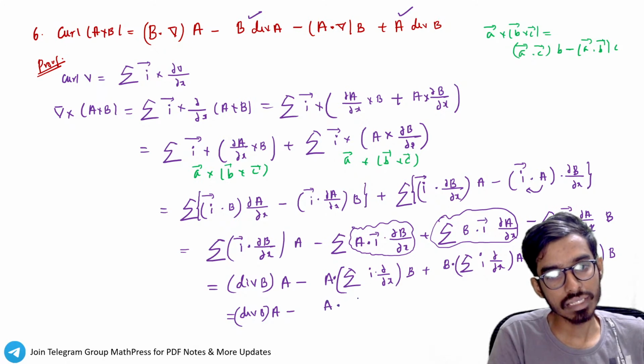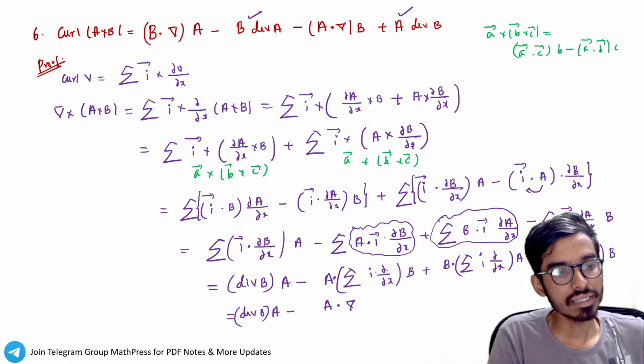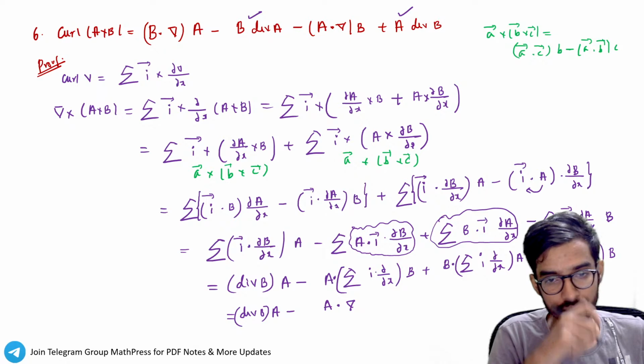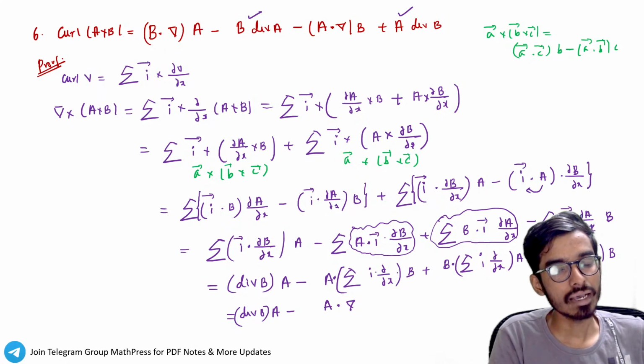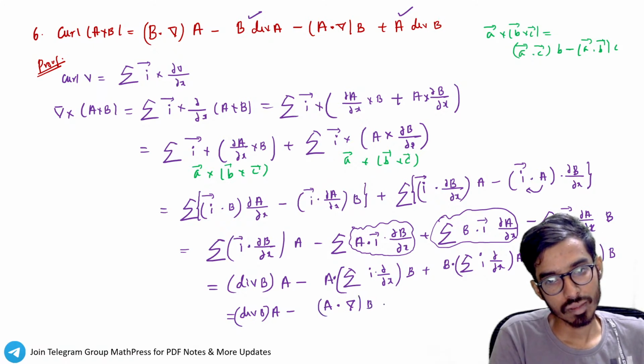This is nothing but gradient, because i dou by dou x plus j dou by dou y plus k dou by dou z is nothing but gradient. So A dot del into B, plus again here this gradient, minus divergence of A into B.